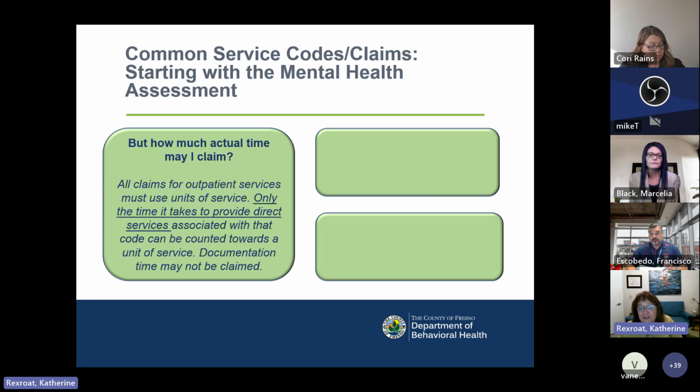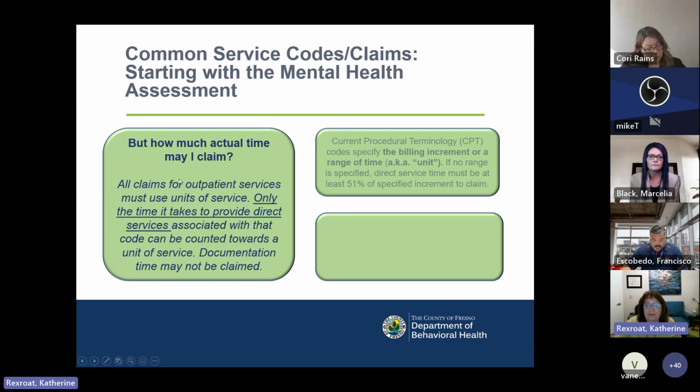All claims for outpatient services must use units of service. Only the time it takes to provide direct services associated with that procedure code can be counted towards a unit of service. Documentation time may not be claimed. So you've probably heard this phrase CPT. Again, CPT is current procedural terminology codes.